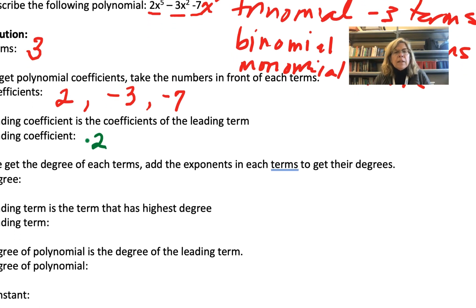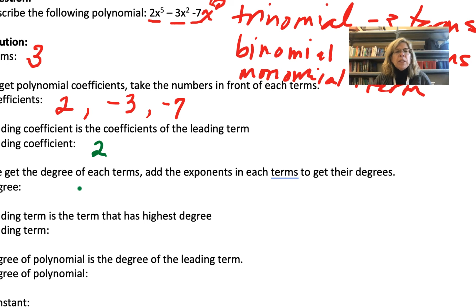And then the next thing is to find the degree of each term. You want to add the exponents in each term to get their degrees. So for instance, 2x to the fifth, that's 5. The first term is 5. The second term, the degree is 2, because it's minus 3x squared. And in the last term, the degree is 0.